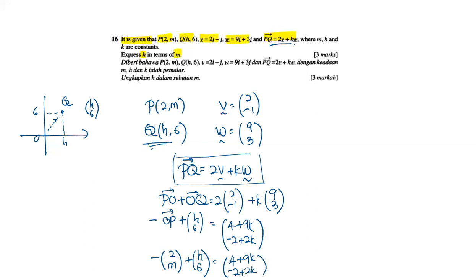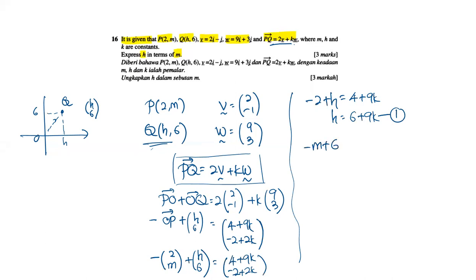So you will notice that I will have negative 2 plus H equals 4 plus 9K. So H equals 6 plus 9K. One equation. The second one is negative M plus 6 equals negative 2 plus 2K.